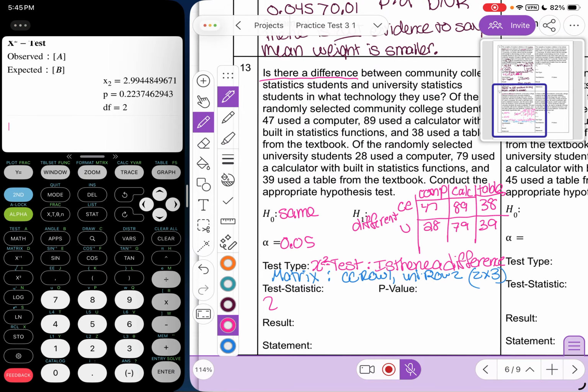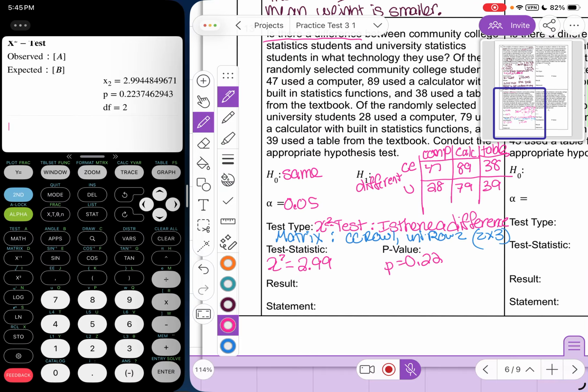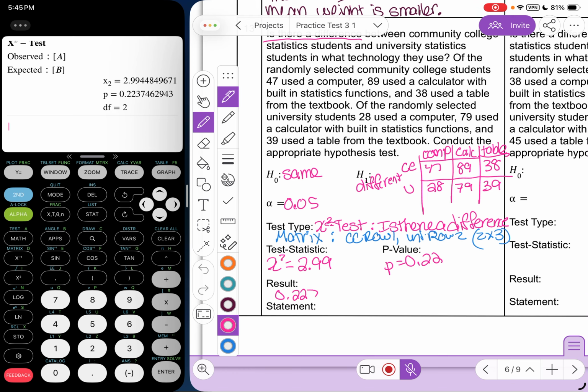Okay, my chi-square is 2.99. My P is 0.22. When I compare those, 0.22 is absolutely greater than 0.05. So P is greater than alpha, so we do not reject.